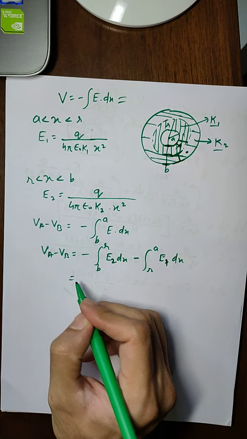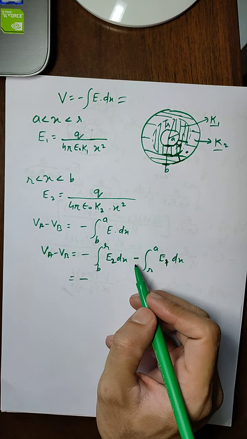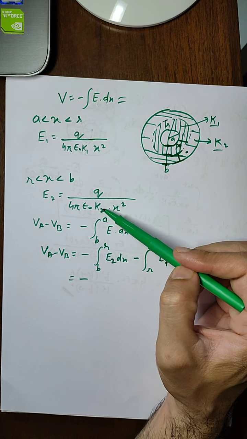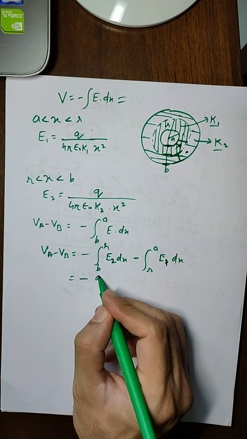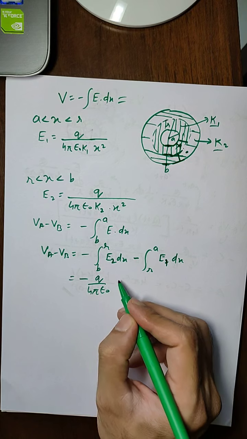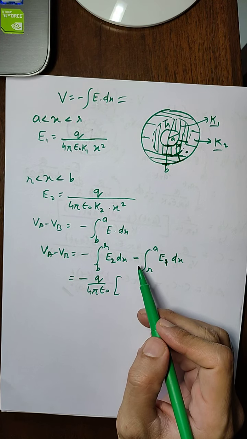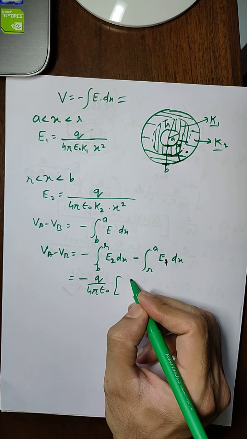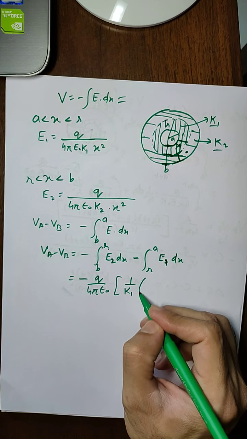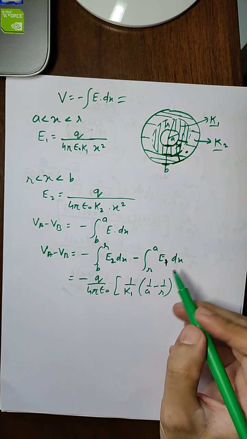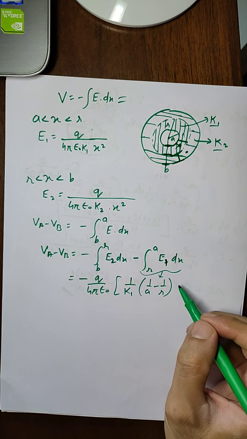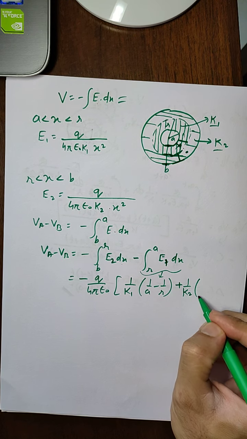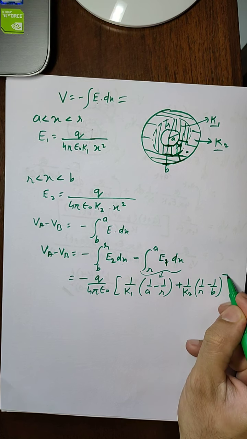Now if we take the minus sign outside and put the values of E2 and E1, we can see that Q upon 4 pi epsilon naught can be taken out as common. So I'll write Q upon 4 pi epsilon naught, and if we integrate the rest of it by putting in the limits, we get these expressions for each term.